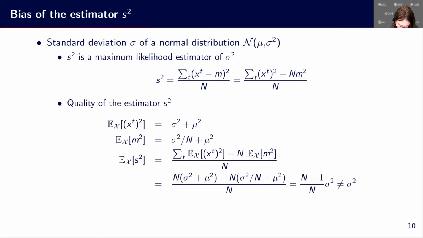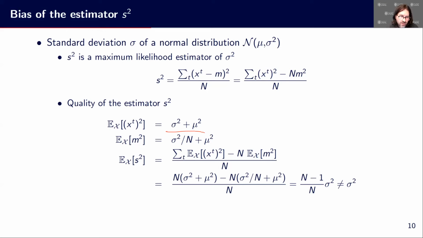From that, we can get this quality of the estimator. We know that the expectation of xt squared is equivalent to sigma squared plus mu squared. These developments are left on the side for you if you want to look at this further.